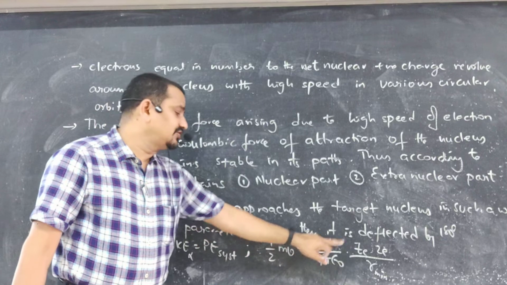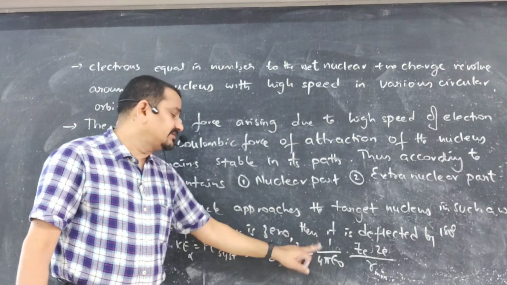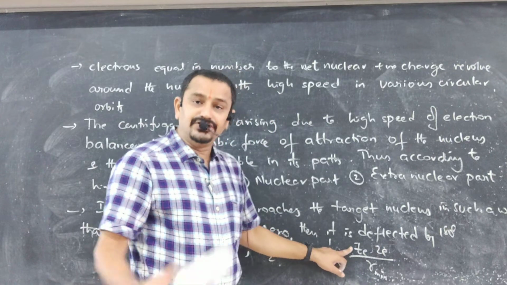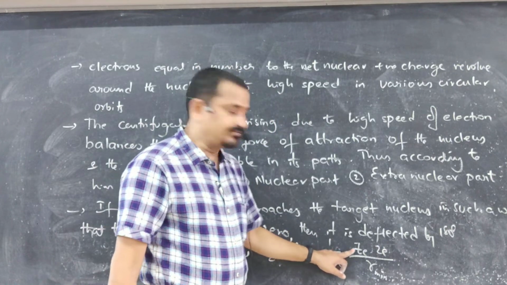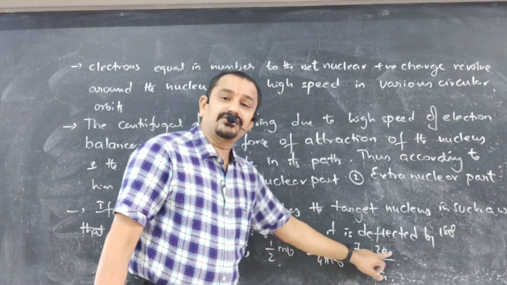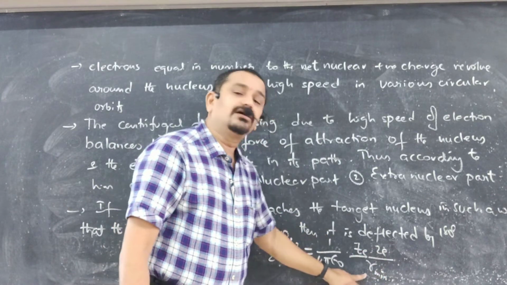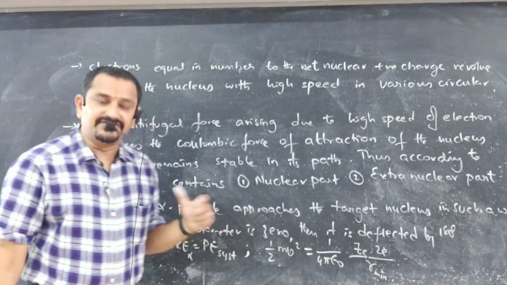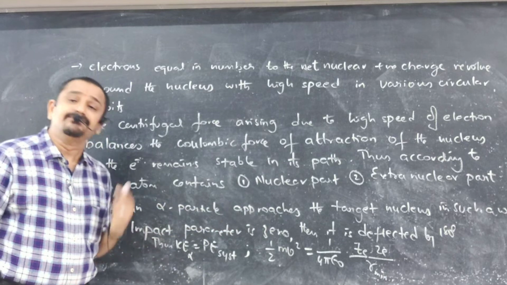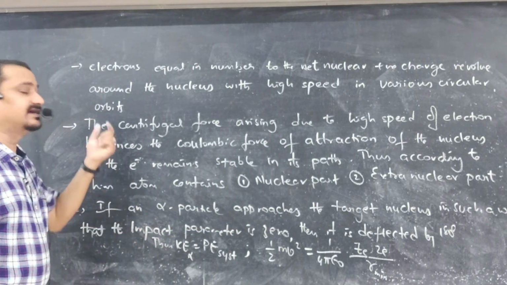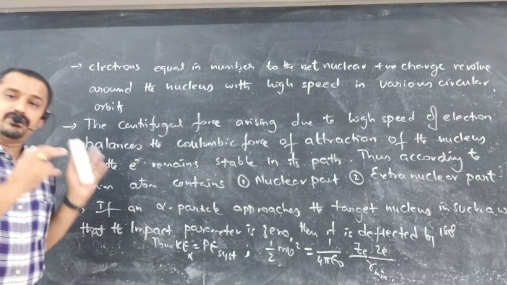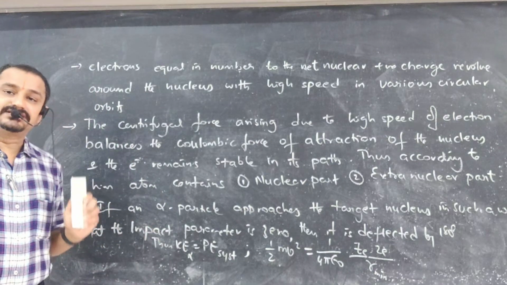Potential energy is Q1 Q2 by R, so 1 by 4 pi epsilon naught into Q1 Q2 by R. Q1 means nucleus charge, Ze, where Z is the atomic number and e is the charge of the electron, and 2e is from helium. R is the minimum distance, called the distance of closest approach between the alpha particle and the nucleus. So these are the postulates given by Rutherford's atomic model.